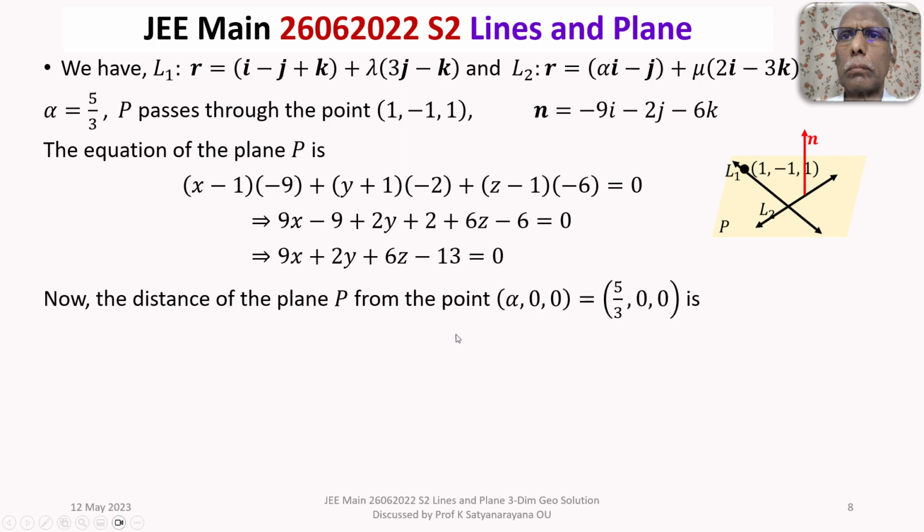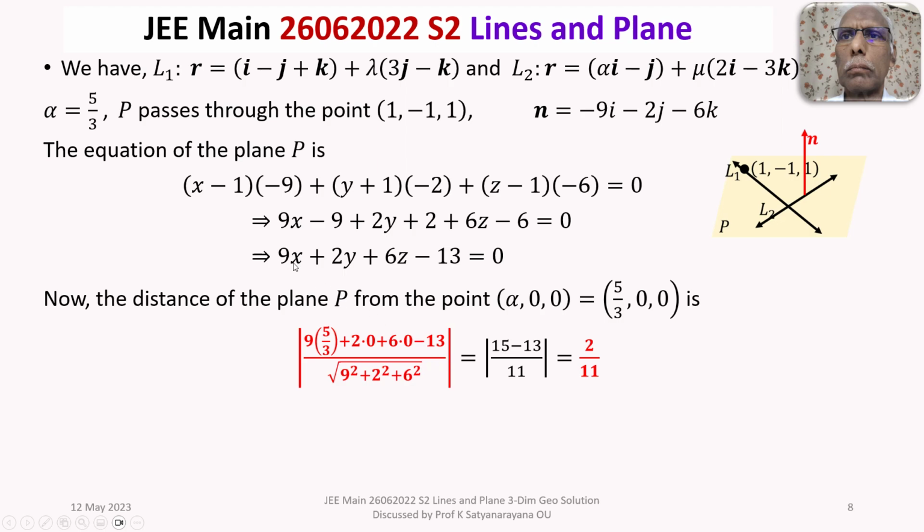So the distance formula: the distance of the point from the plane is mod of (9 into 5/3 + 2 into 0 + 6 into 0 - 13) divided by the square root of the square of the coefficient of x, that is 9 squared, plus the square of the coefficient of y, that is 2 squared, plus the square of the coefficient of z, that is 6 squared. So the square root of 9 squared + 2 squared + 6 squared is the square root of 121, that is 11.